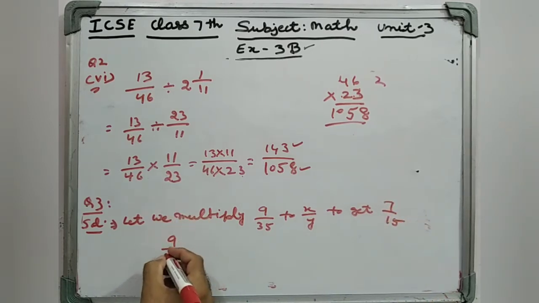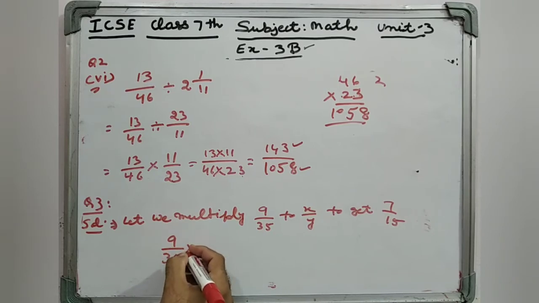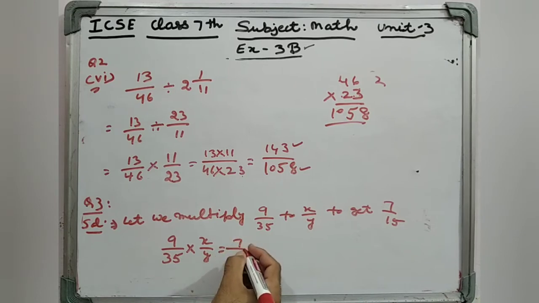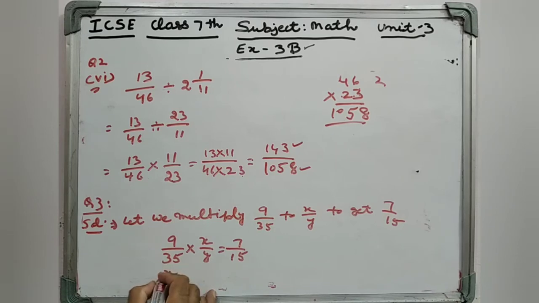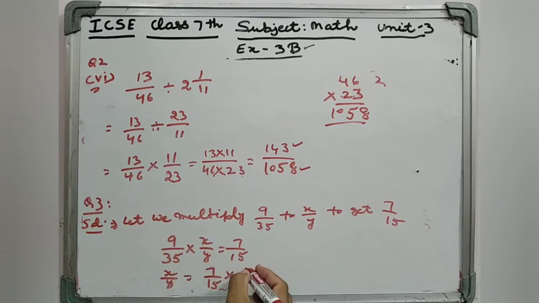Say 9 upon 35 multiplied by x upon y equals 7 upon 15. Now x upon y will remain this side and this will go to that side. When 7 upon 15 moves this side, they become reciprocal. The numerator will become the denominator and the denominator will become the numerator, right?